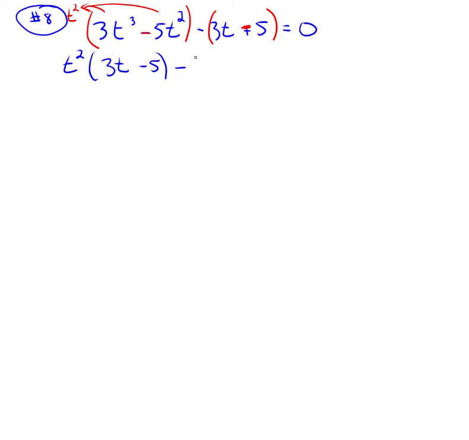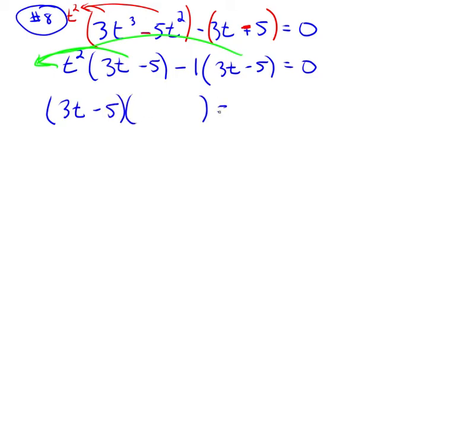So I kind of want to put that hidden 1 there so that I have a number to put in my parentheses. All right, so now I'm going to distribute out the group 3t minus 5.